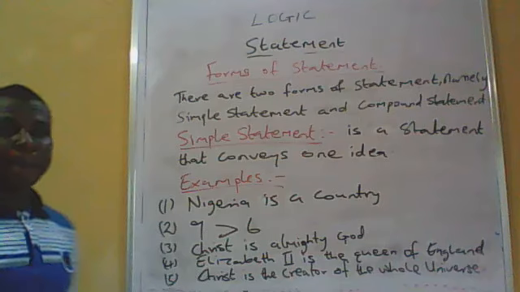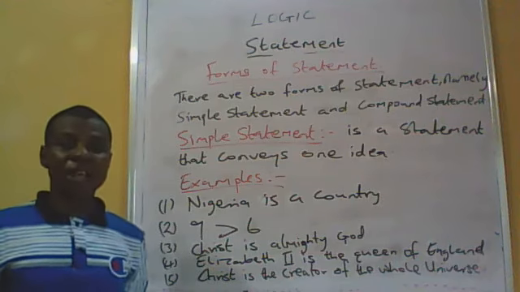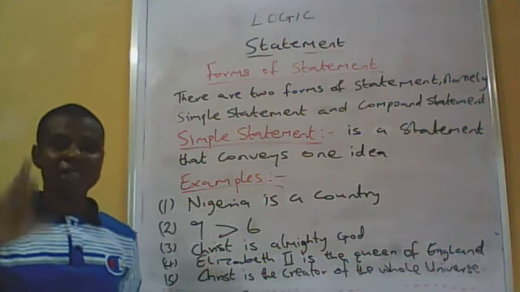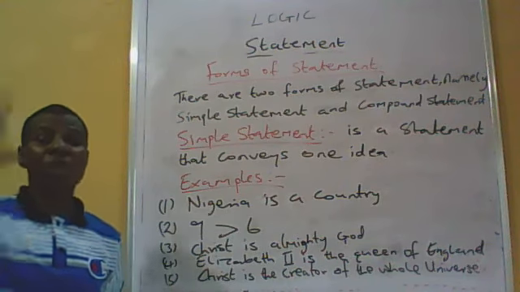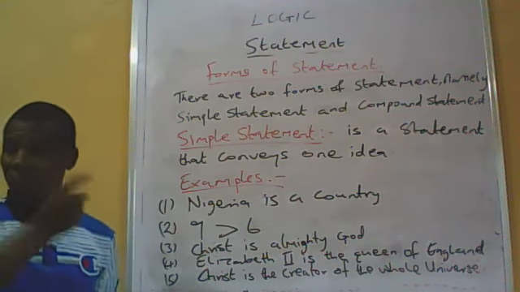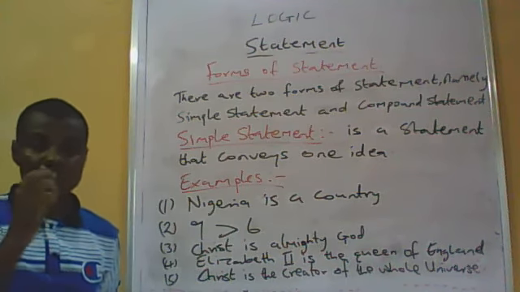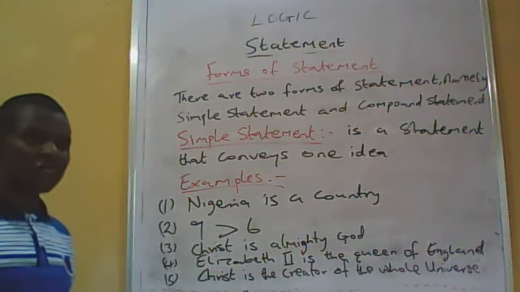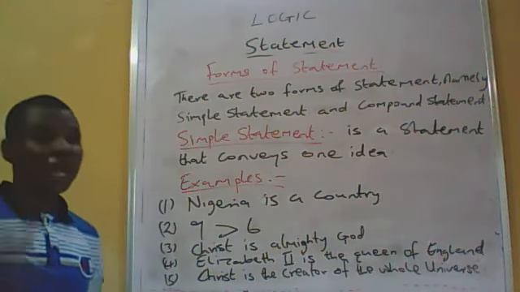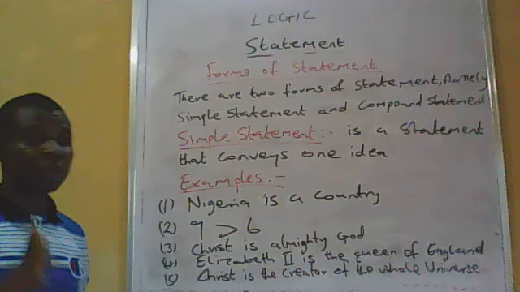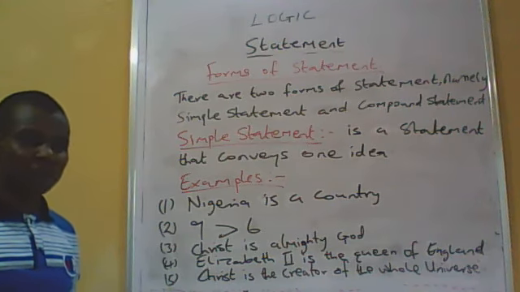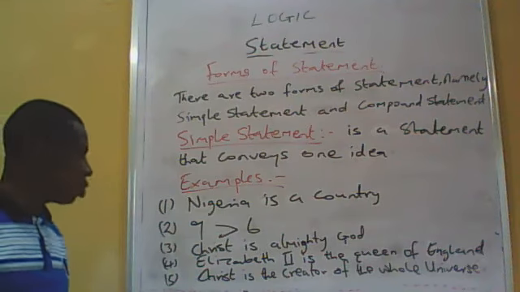simple statement. One is Nigeria is a country. This conveys only one idea that we can judge to be true or false. Is Nigeria a country? Another one is 9 is greater than 6. It is also one idea we can judge to be true or false. Christ is Almighty God is also a simple statement which can be judged to be true or false.